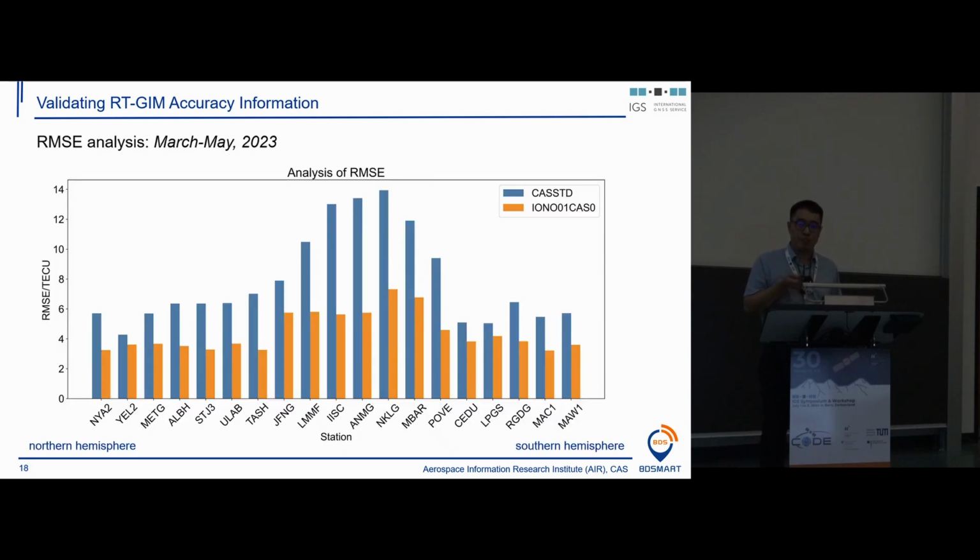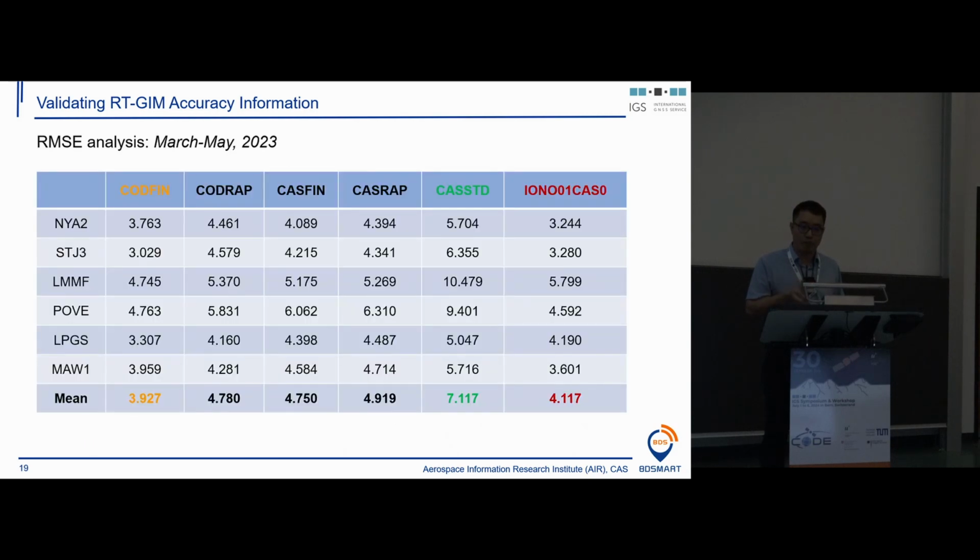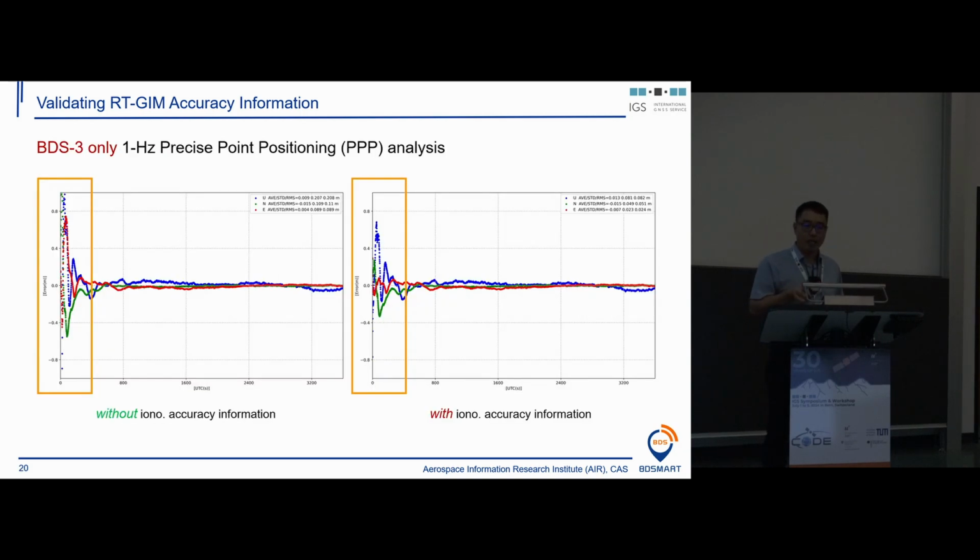Then for the RMSE analysis, the smaller value means the better performance of the provided RMS information. And we also have such a table as a summary.